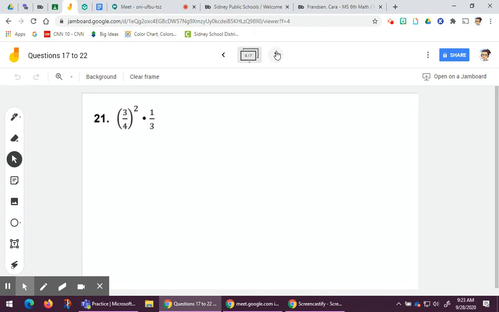Okay, our next question looks like this. All right, so if you have 3/4 squared, it means 3/4 times 3/4 times 1/3. Okay, do you guys see any factors in common on the top and the bottom? The 3s.